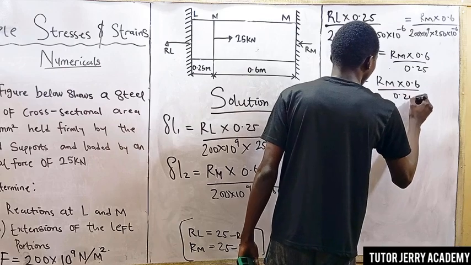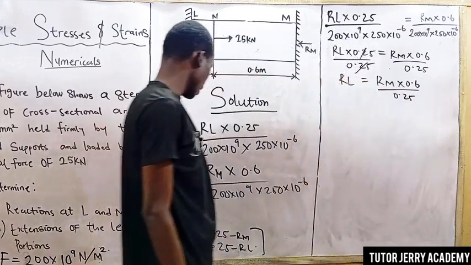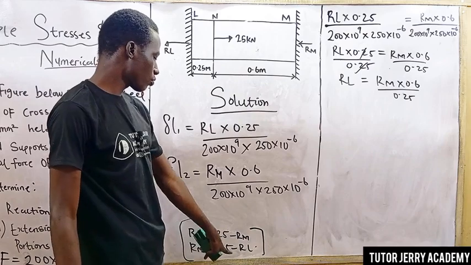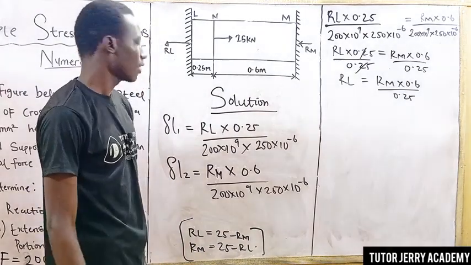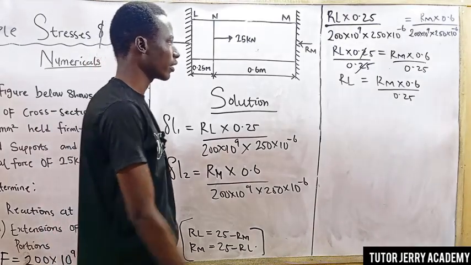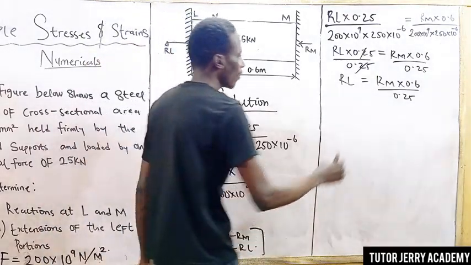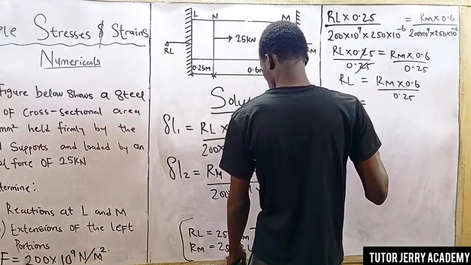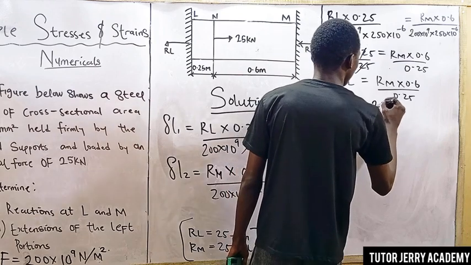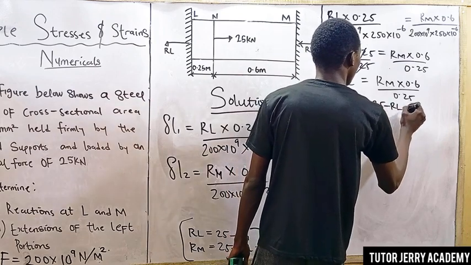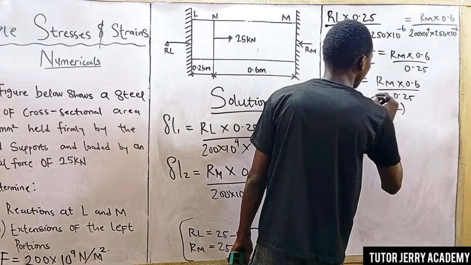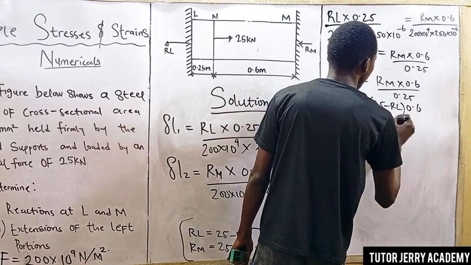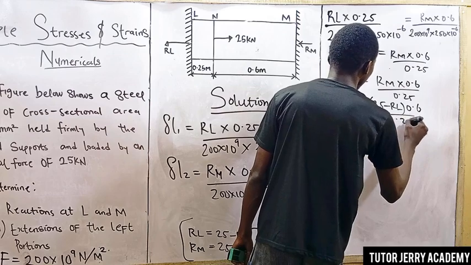Now, coming down here, don't forget that Rm is equal to 25 minus RL. If I put that here, what am I going to have? I'm going to have RL equal to 25 minus RL, multiplied by 0.6 all over 0.25.